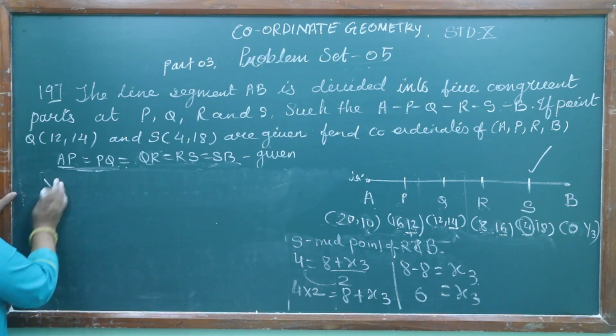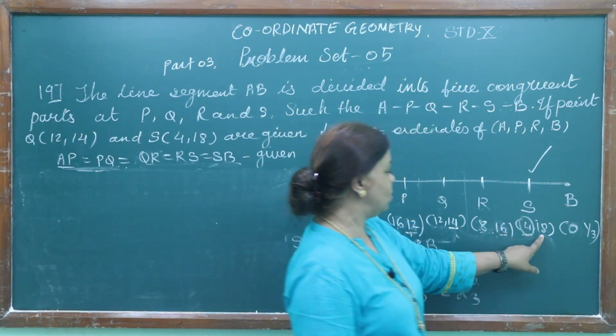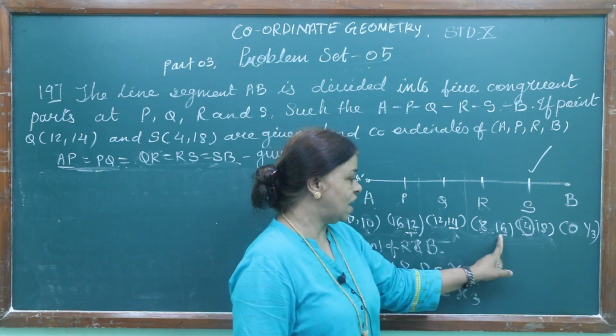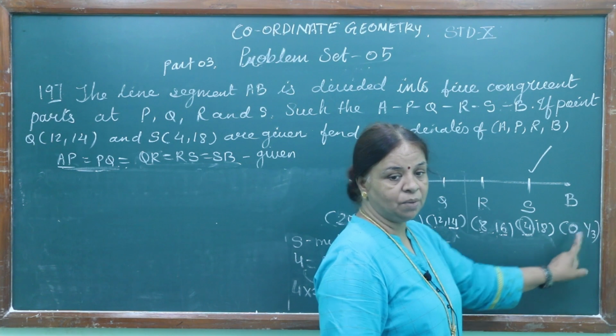So as S is the midpoint, y coordinate of S will be equal to the sum of the y coordinate of R and the y coordinate of B upon 2.